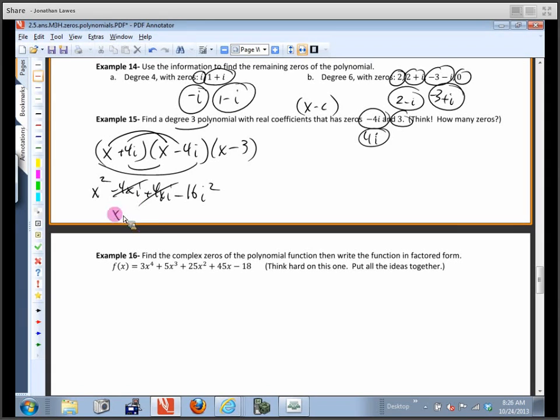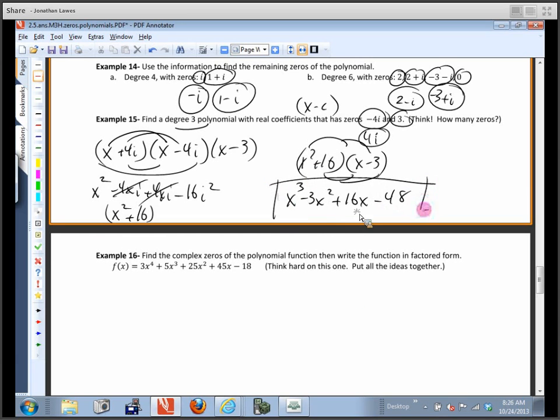Okay. That one's an x squared. What does minus 16i squared count as? Positive 16. So I'm going to take x squared plus 16 and I'm going to multiply it by that last factor of x minus 3. So again, we'll just distribute through. So that's going to be x cubed minus 3x squared plus 16x, and then minus 48.